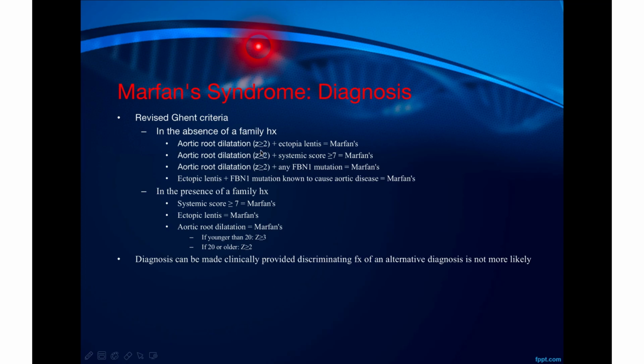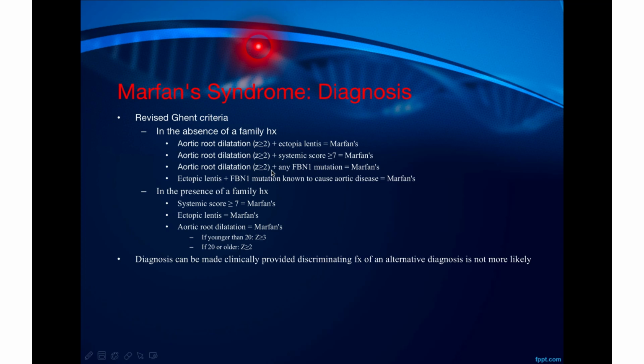Patient having a Z score of 2 or more, plus ectopia lentis, so we're gonna rule that as Marfan's. Or also, if the patient has an aortic root dilation with a Z score of 2 or more, plus a systemic score of 7 or more, then the patient has Marfan.